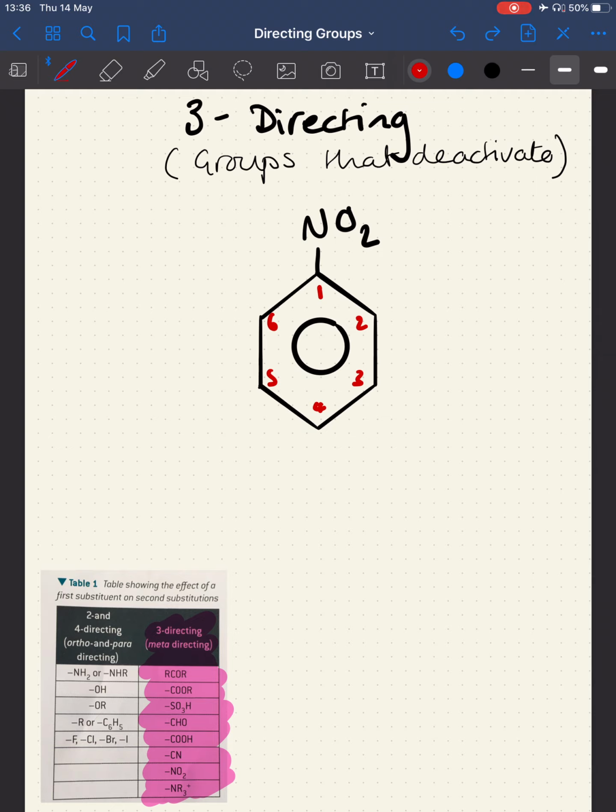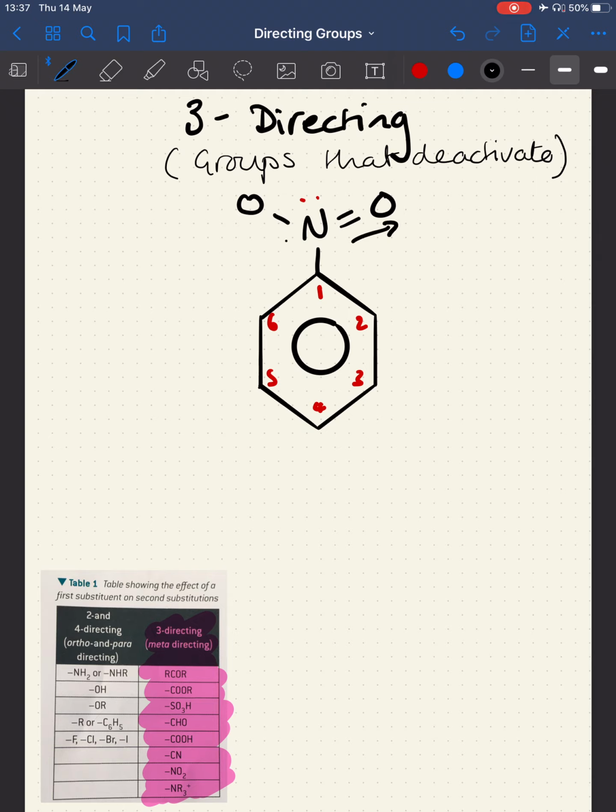If you want to know, talk about why it is a withdrawing or a deactivating group, because you've got nitrogen bonded onto an oxygen, bonded onto an oxygen. Nitrogen, yes, you've got a lone pair of electrons, but oxygen is very electronegative.